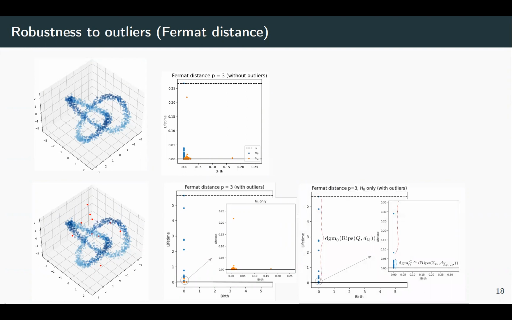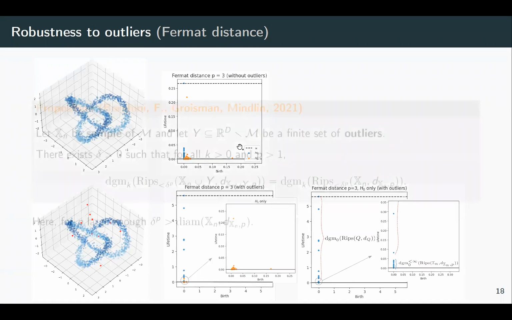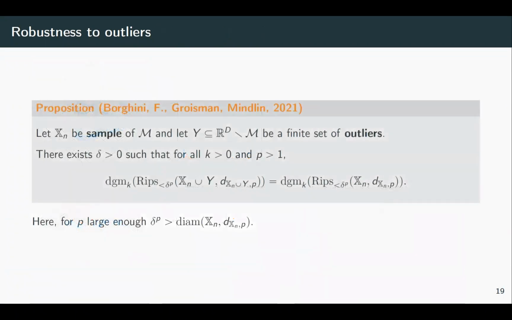So in some sense, the diagrams computed from the sample with outliers are related to the diagrams that you compute without the outliers. And there is a proposition that tries to quantify this relationship, that says that if you have a sample and you add outliers here, then for positive degree, the diagrams will coincide up to some parameter, here, that is delta to the p.